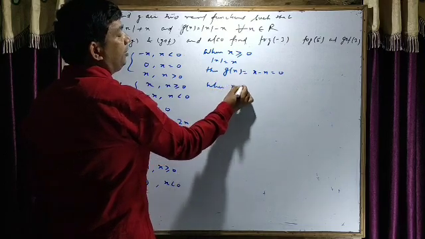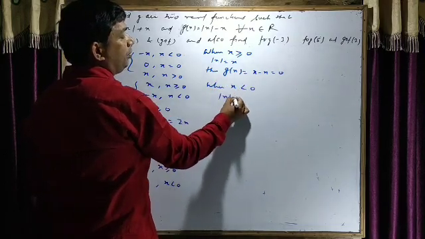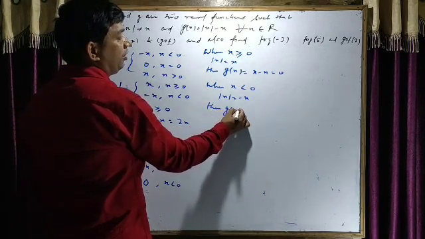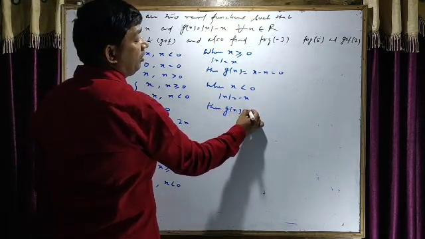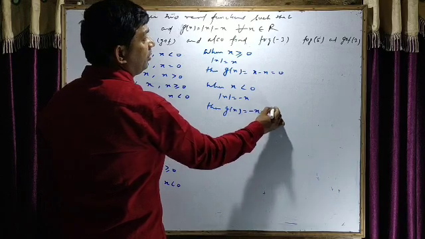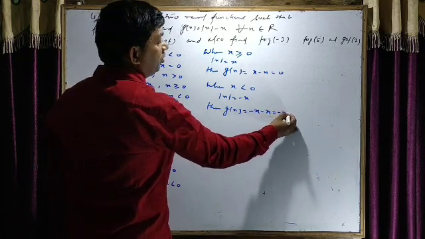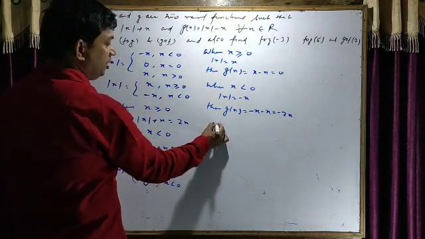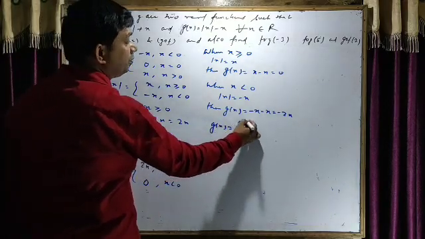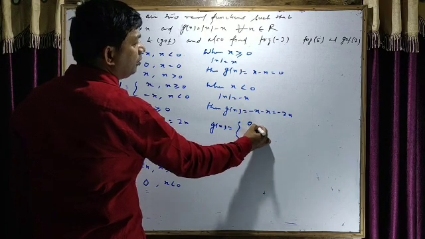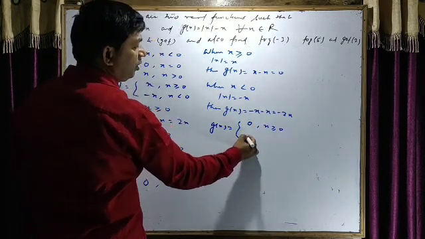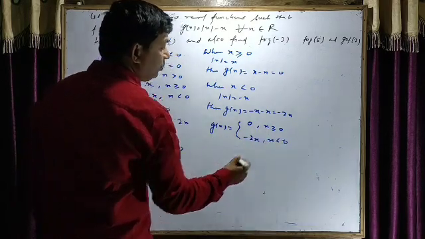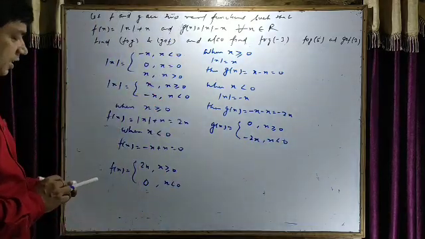When x is less than 0, mod x gives minus x, so g of x equals minus x minus x, which is minus 2x. So altogether g of x equals 0 when x is greater than or equal to 0, and minus 2x when x is less than 0. So this is the value of f of x and g of x.